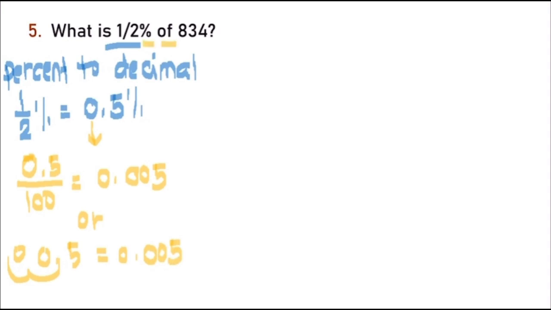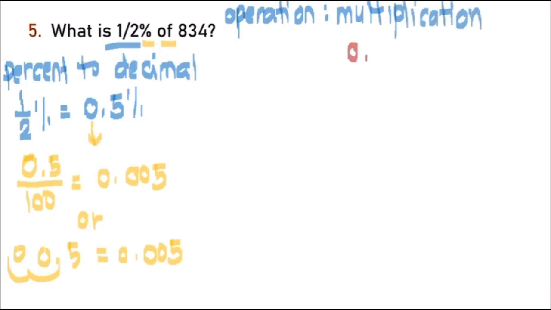Again, if nakaka-encounter tayo ng problems na yung pagka-state niya is percent of, yung operation natin would be multiplication. To solve this, we have 0.005 times 834. So we will show the solution here sa side. Try nyo ring isolve para sabay-sabay natin siyang masolve.